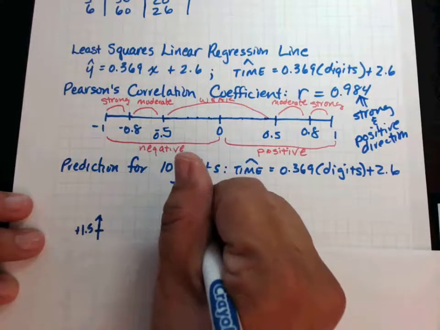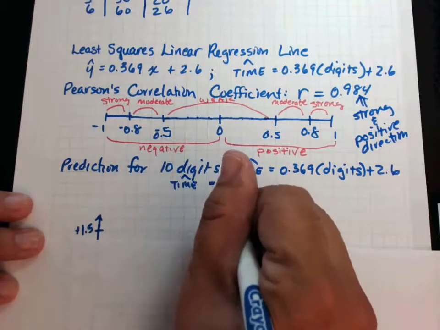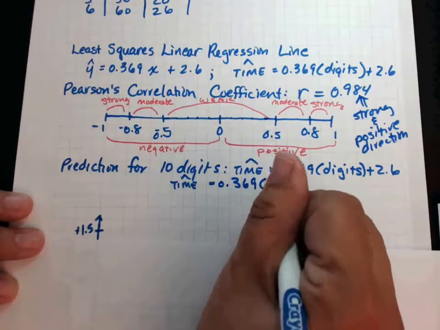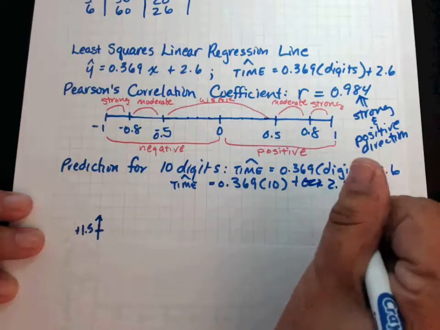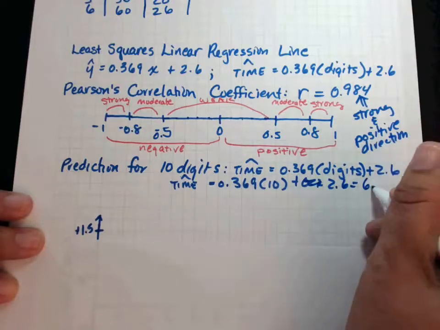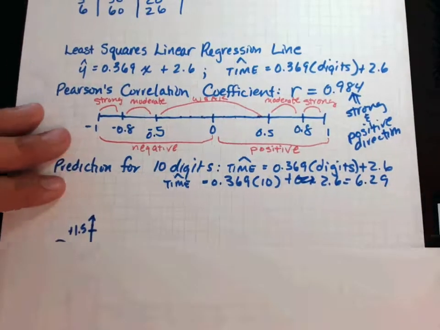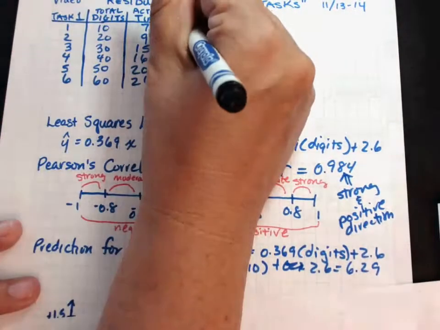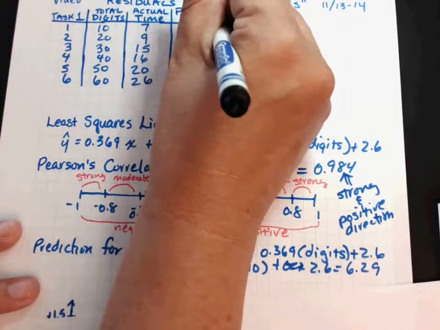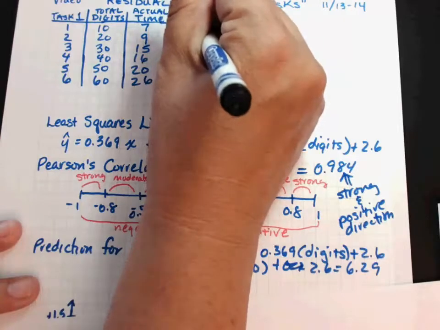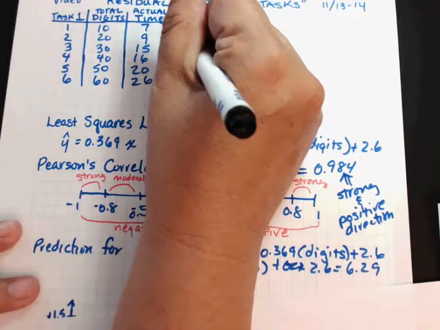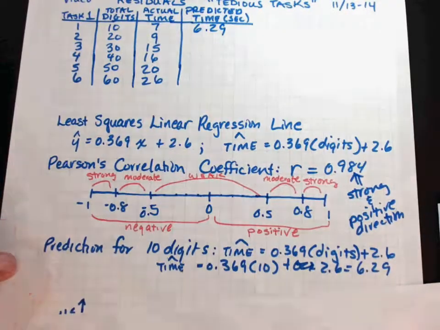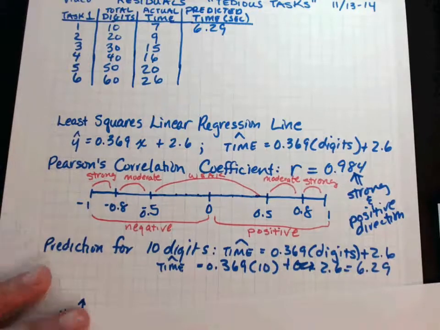So my prediction is time equals 0.369 times 10 plus 2.6, excuse me, which is 6.29. So my predicted value up here, I'm going to say predicted time in seconds for this one.